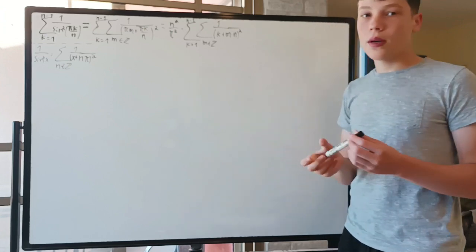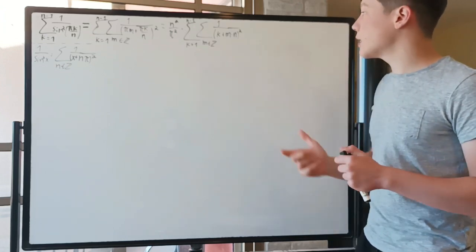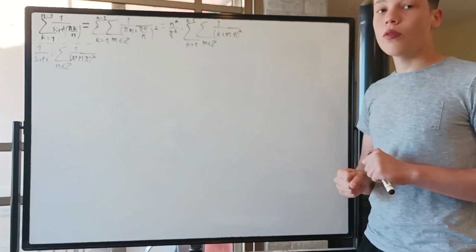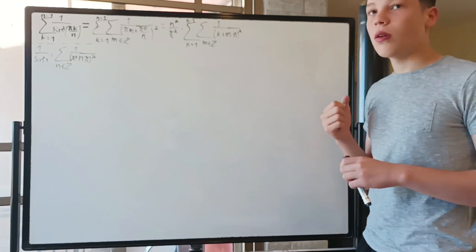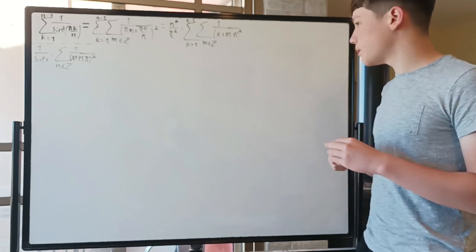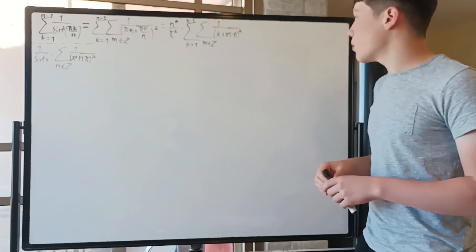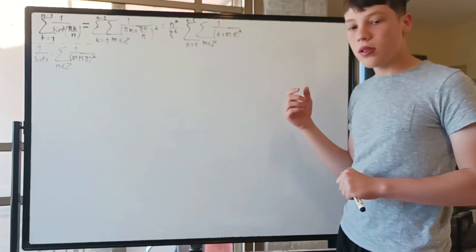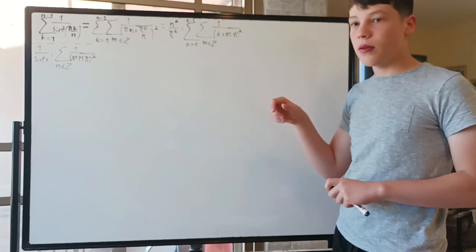Okay, now let's think about what this sum actually is. So we're summing over 1 over whole numbers squared, and here basically we're going over all the numbers that are not divisible by n, right?